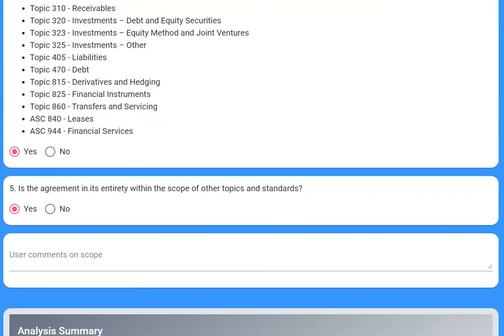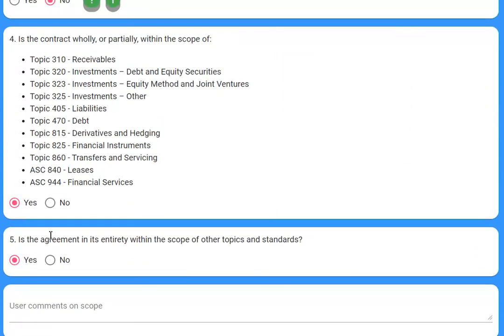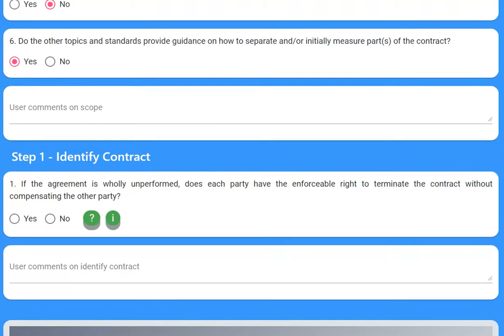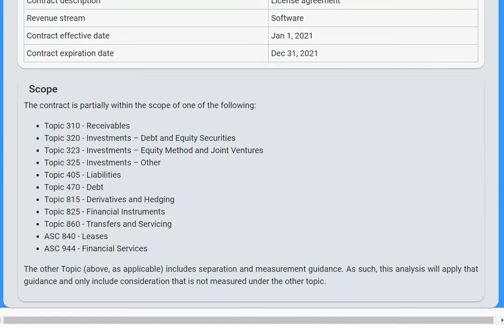However, you could say that the agreement is not entirely within the scope of the other area of literature, which brings about the next question, which is, does the other topic provide separation and measurement guidance on how to separate the components of the contract? If you answer yes, it impacts the language that flows into the report. And what this is saying to you down here is that the other area of literature does provide separation and measurement guidance, so hence you first apply the separation and measurement guidance from that other area of literature.